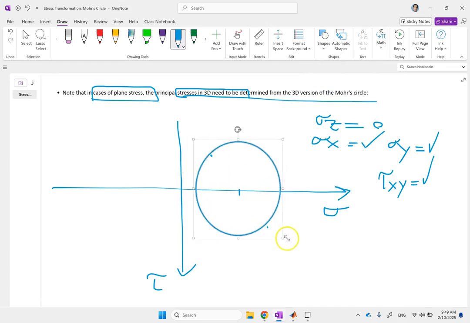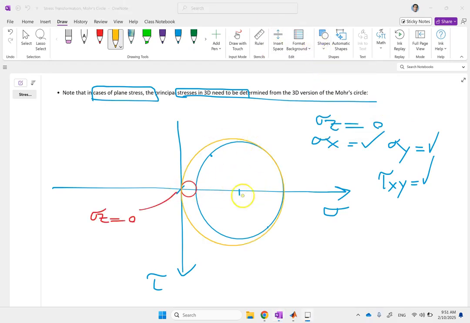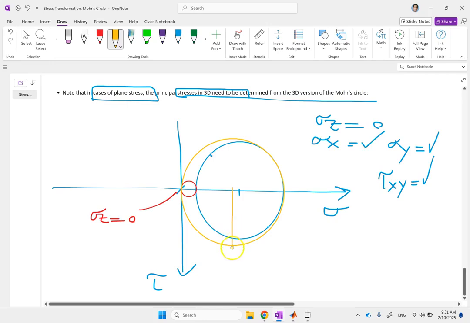This is the one formed by sigma x and sigma y, but remember, there is one that is between sigma y and 0, so there is one point here also that is corresponding to sigma z of 0, so you're going to get another circle. So this yellow one is the last one that is the biggest, and now clearly if you want your tau max, you have to find the center of the big circle, this yellow one, and then this radius here is going to be your tau max, not the one for the blue.